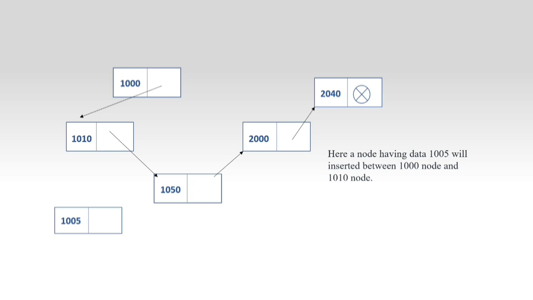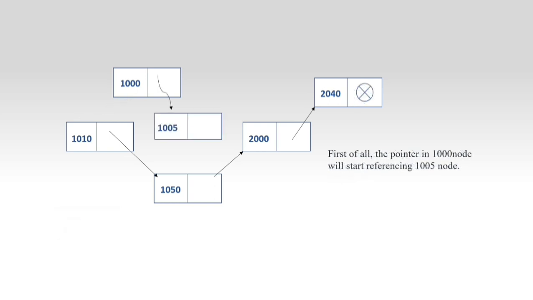So 1000 will refer to the address of 1005, then 1005 will store the address of 1010, in such a way that without transferring any data from one node to another, just by creating a node, it is inserted into the linked list.